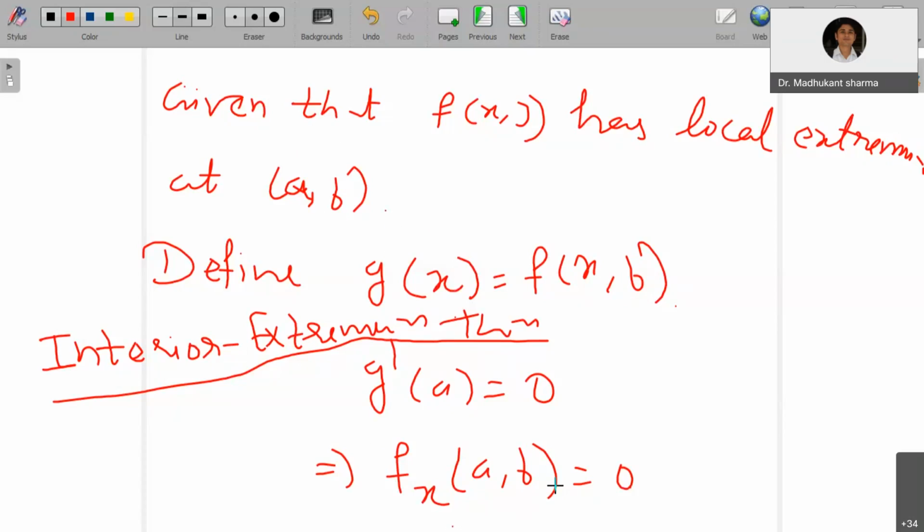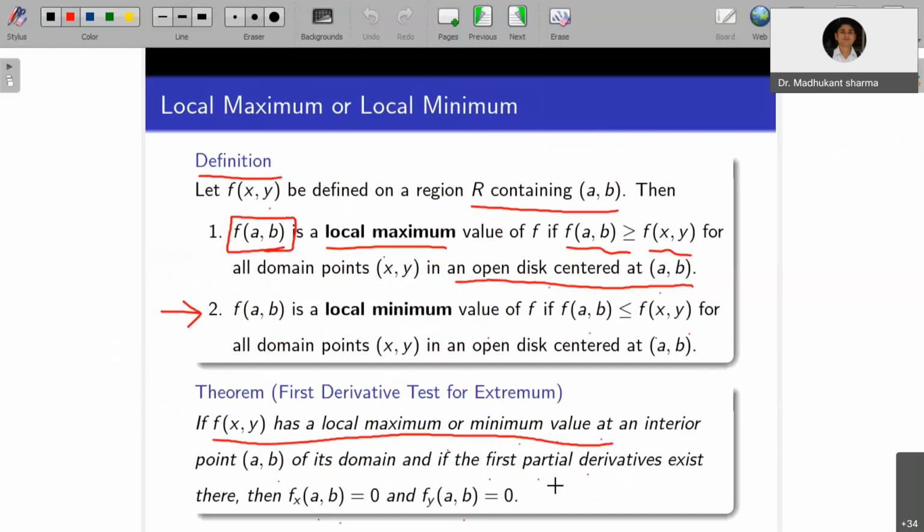Both should vanish simultaneously. Those points are local extremum points, or will be called critical points. So that is an application of the interior extremum theorem.